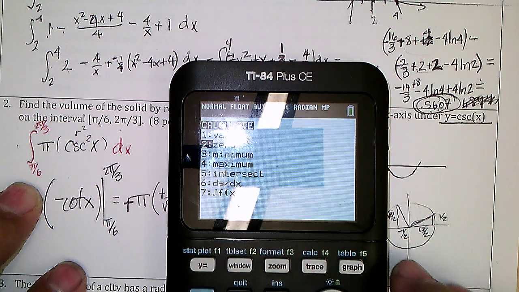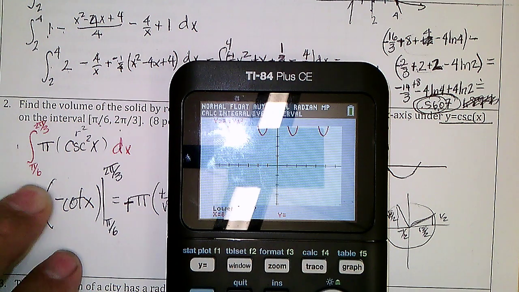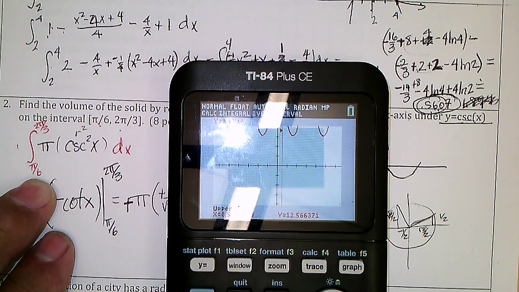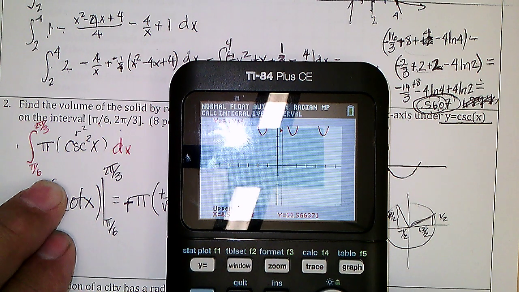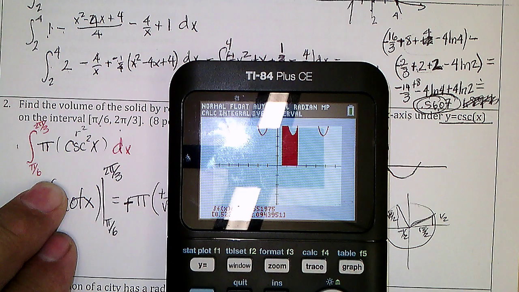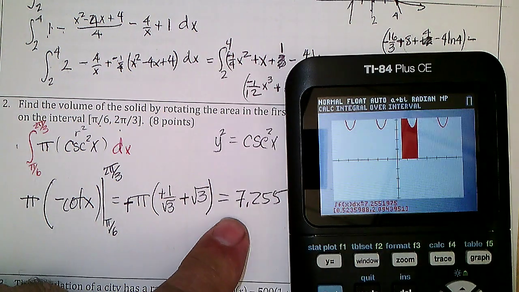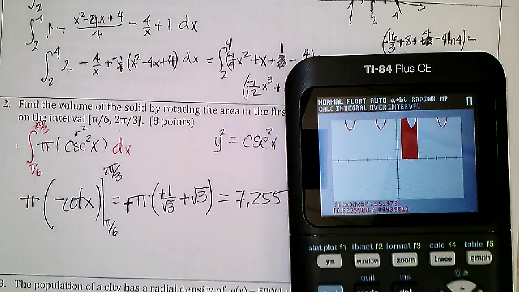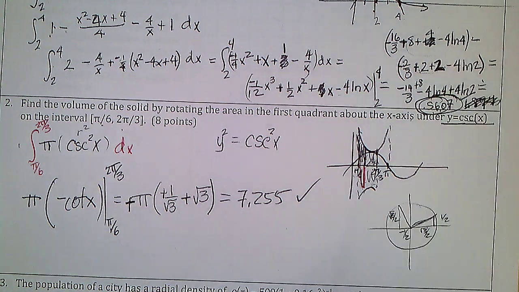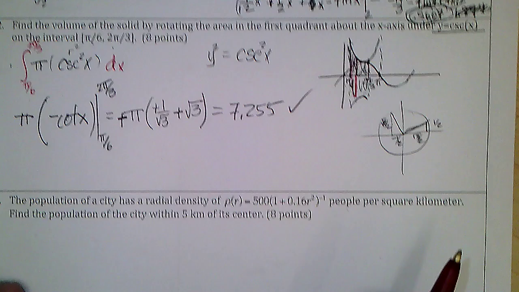Second, calculate the integral from the lower limit of pi divided by 6 to the upper limit, which is 2 pi divided by 3. Oh, don't need a parenthesis. Enter. And it tells me it should be 7.255. So that one checks. So far I'm doing okay, other than I had a minus sign I lost on that one.